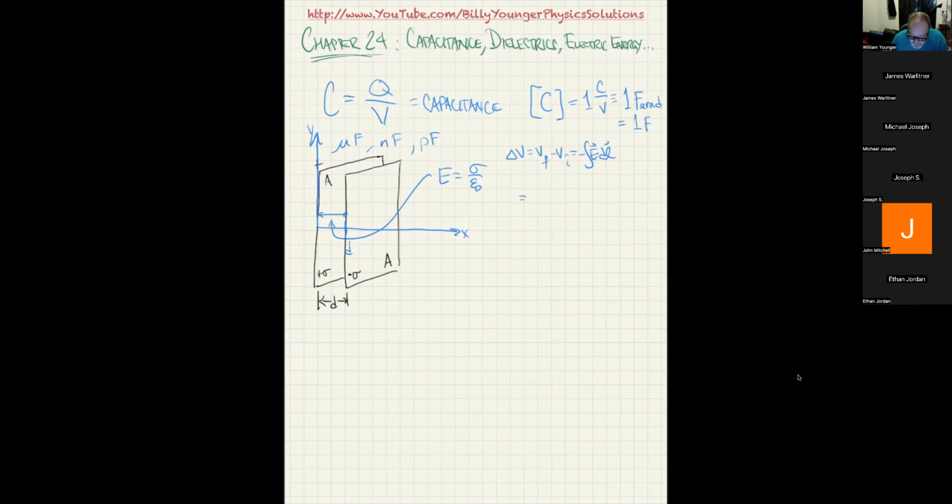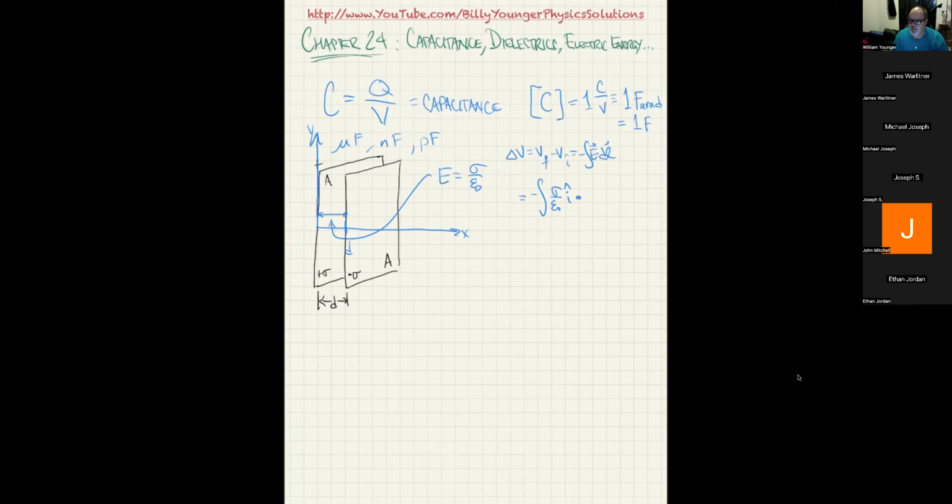The way I do that is I recognize that the electric field is in fact pointing in the i hat direction. So the electric field is sigma over epsilon naught i hat. I'm going to dot product that with dL, and I'm going to let my limits of integration dictate the direction I'm going.